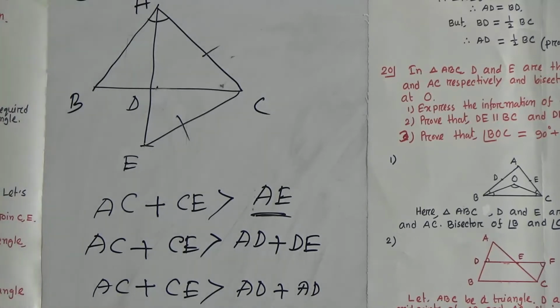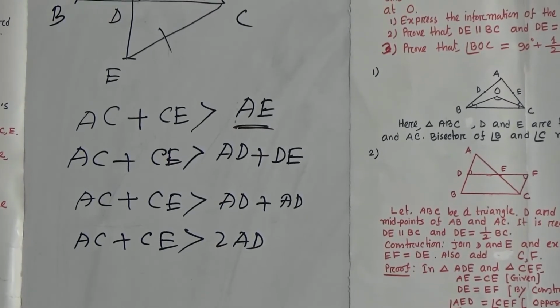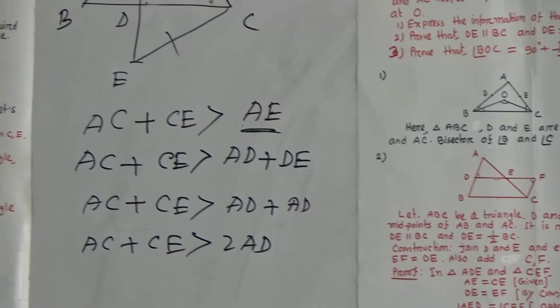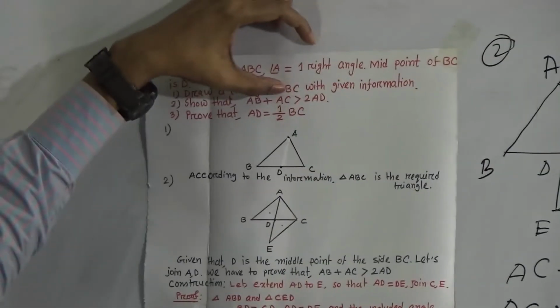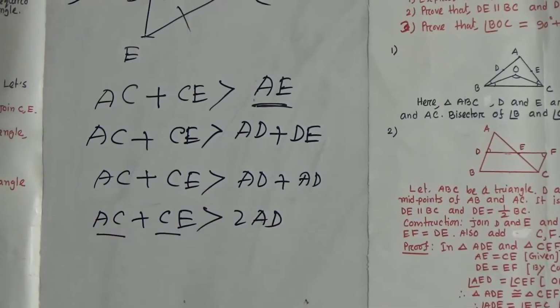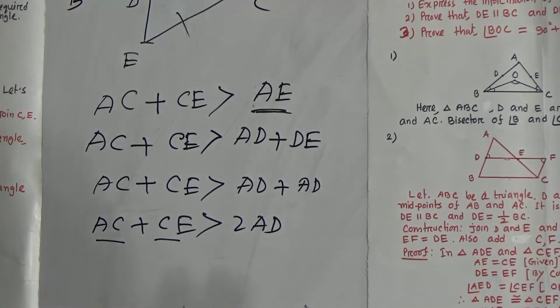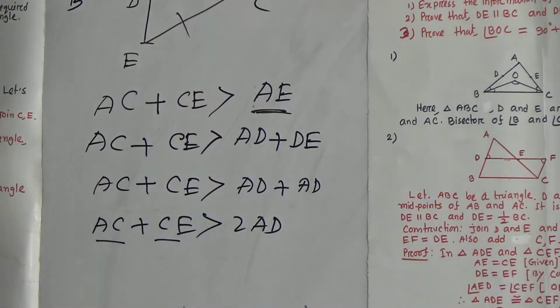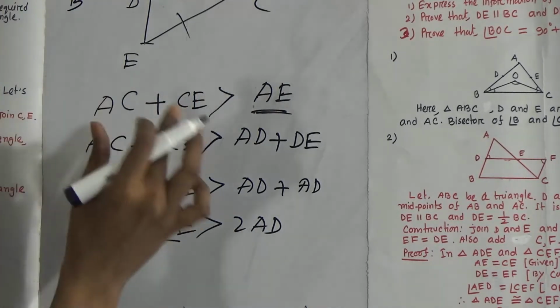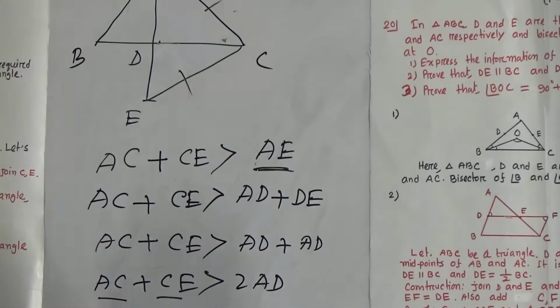But what is our required proof? We have to prove that AB plus AC is greater than 2AD. But the solution here is AC plus CE greater than 2AD. So we have to prove that CE equals AB.